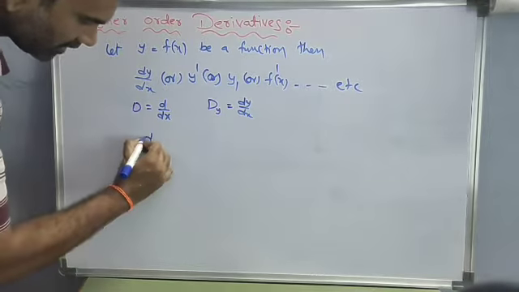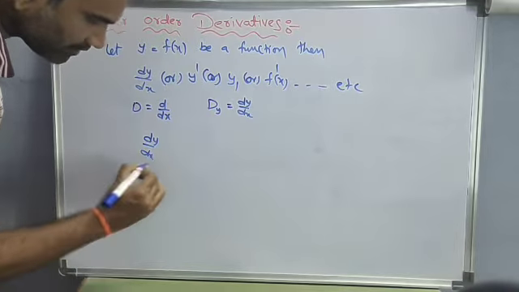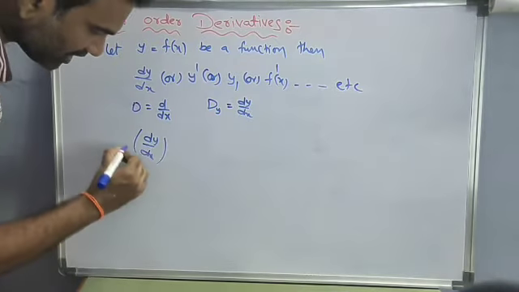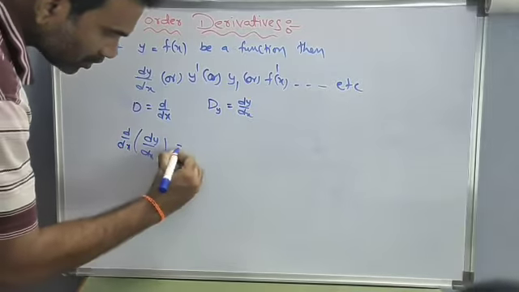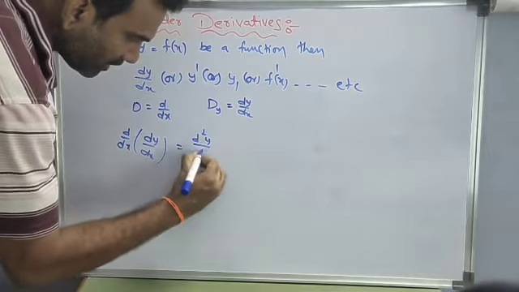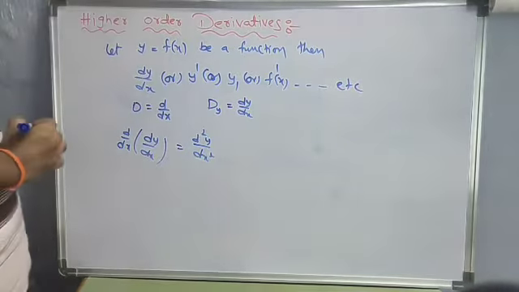Suppose we know dy by dx. If we differentiate this function again with respect to x, we denote it by d square y by dx square.